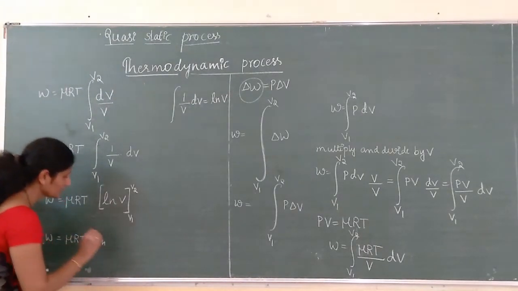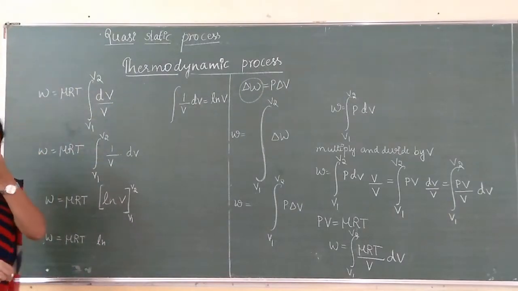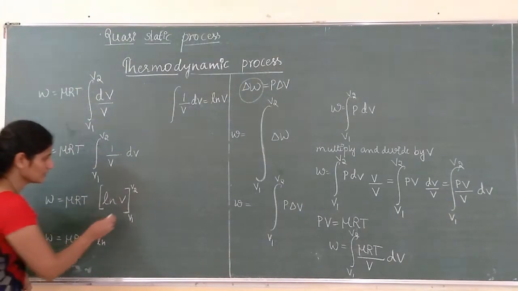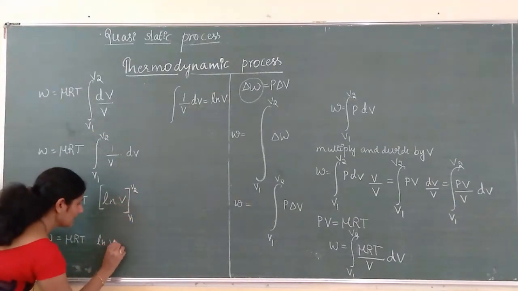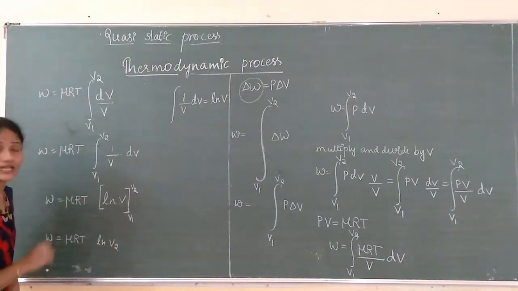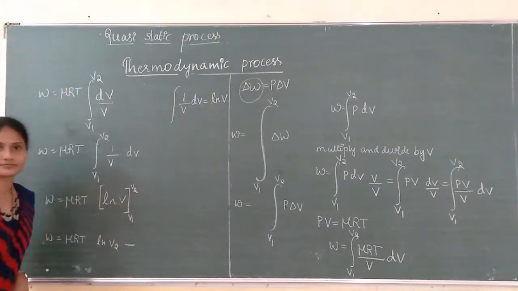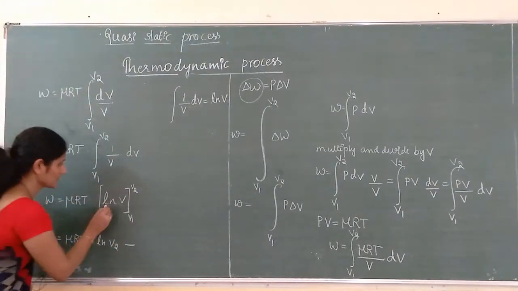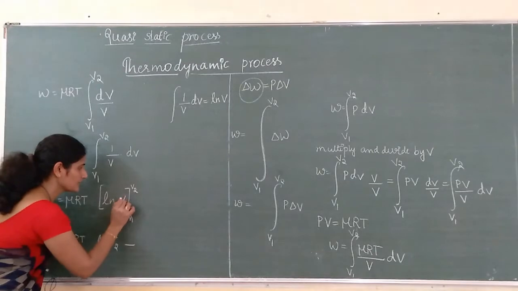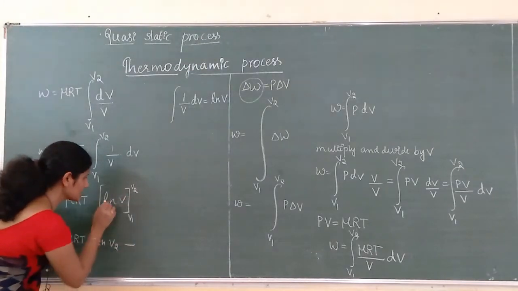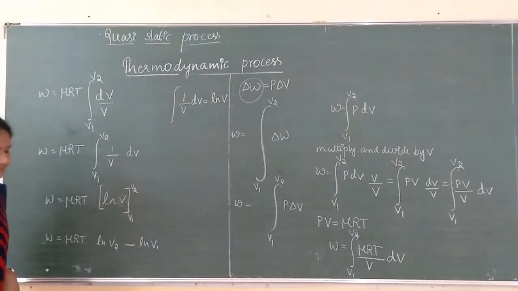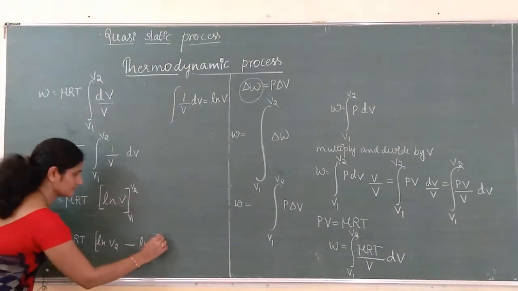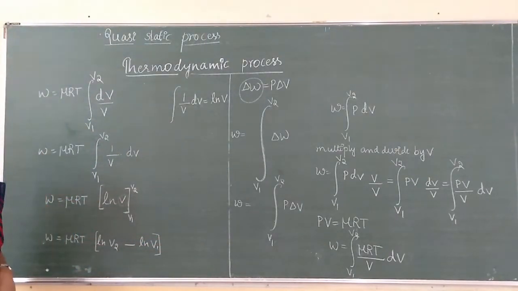Now, you have to write the upper limit first. Instead of V, you have to write V2, ln V2, and then minus ln of the lower limit, that is V1. Ln V2 minus ln V1.